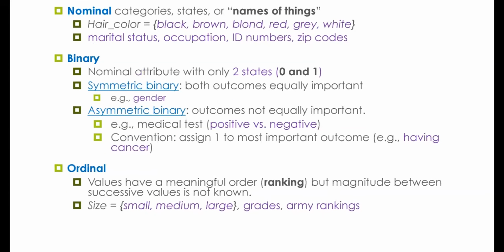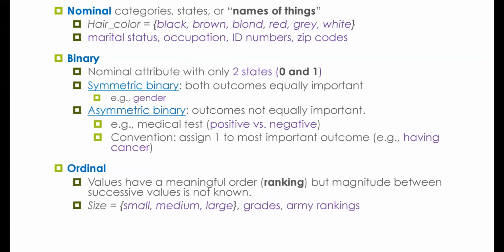Now, ordinal attributes. Ordinal attributes are represented as values that have a meaningful order or ranking, but the magnitude between successive values is not known.